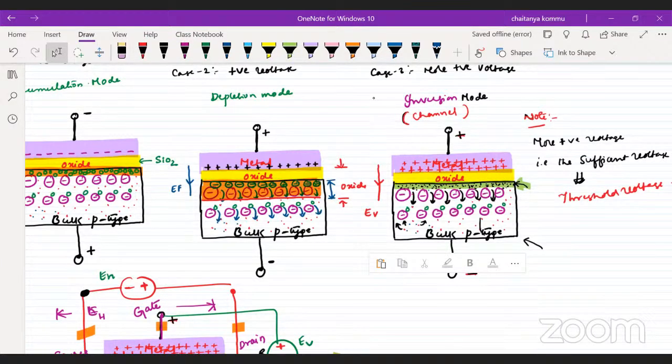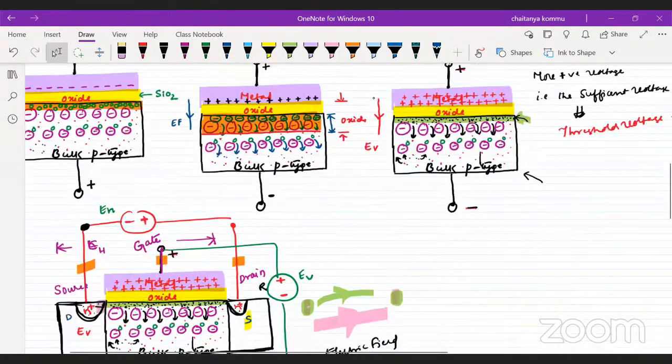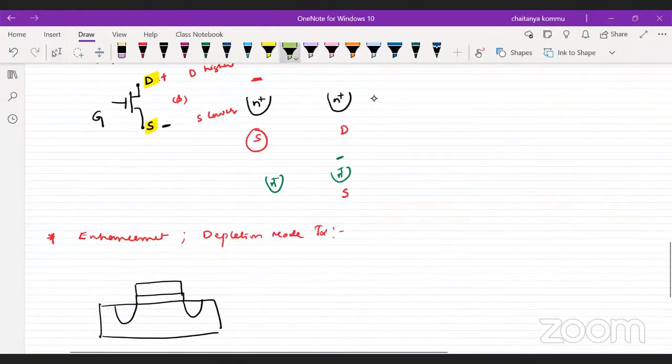This inversion layer is also called a channel, and specifically we say it is an N channel because electrons are the carriers in that particular channel. So if I say N channel enhancement MOSFET, what does it mean? It is a field effect transistor, no doubt.